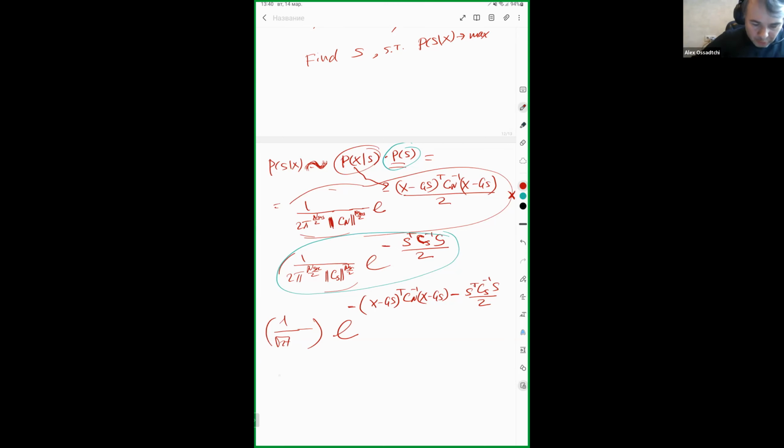Now you probably got used to it already: when we want to optimize this exponential something, we take the logarithm of it, because the logarithm is a smooth function.